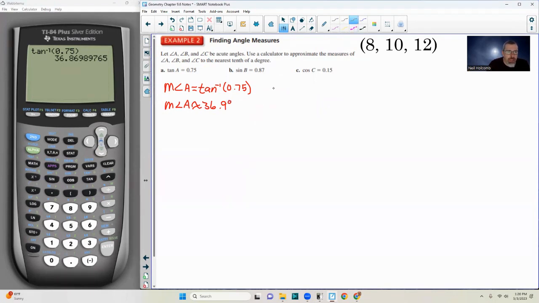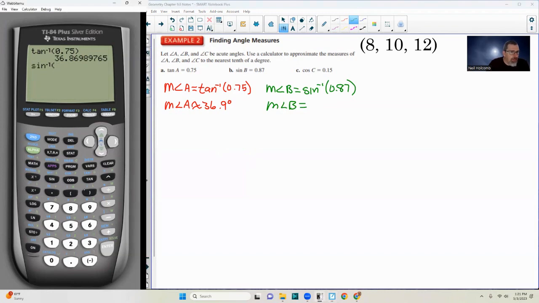Now let's do sine B. So since sine B equals 0.87, I will now say that the measure of angle B equals the sine inverse of 0.87. So the measure of angle B equals sine inverse is second sine, and then you do 0.87 and hit enter.